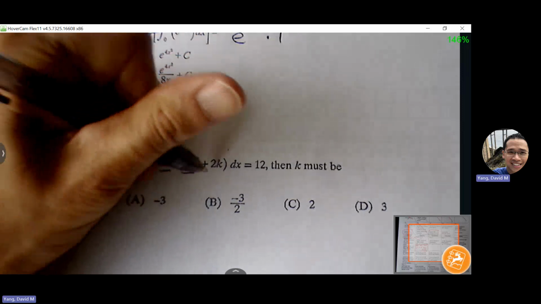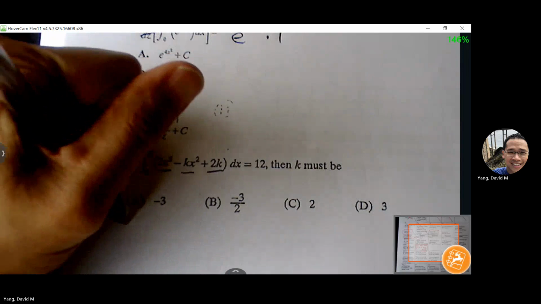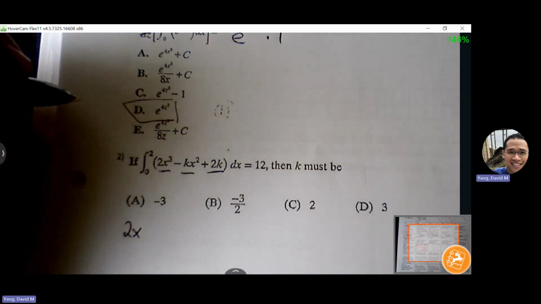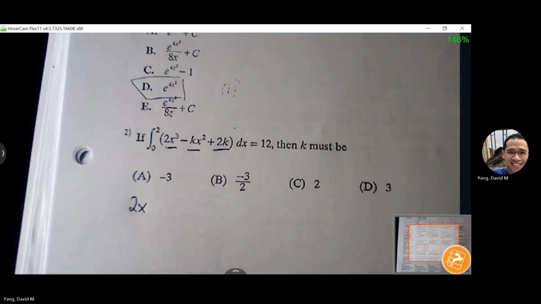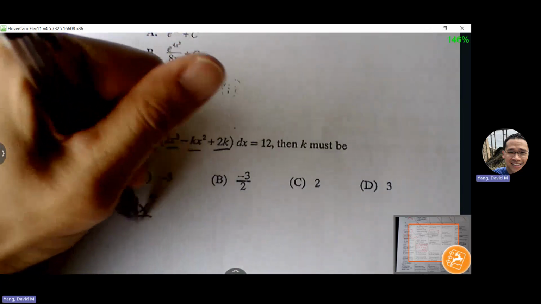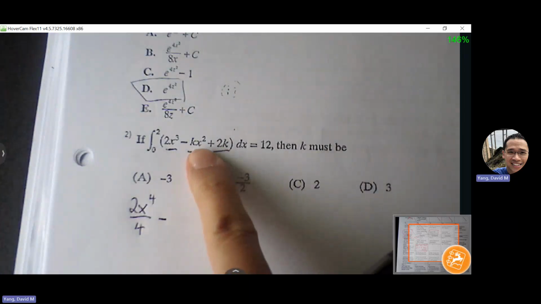So every term we can apply power rule, right? So 2x cubed becomes what? Wait, power rule for antiderivatives. Yeah, x to the 4th over 4. Okay, I'll reduce that later. Minus, what does kx squared turn into?